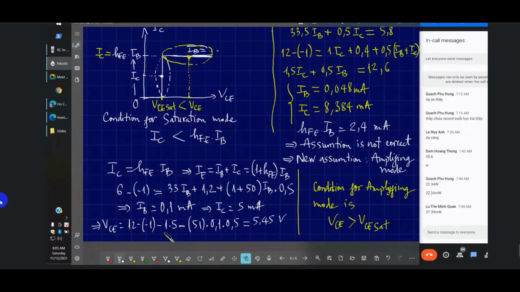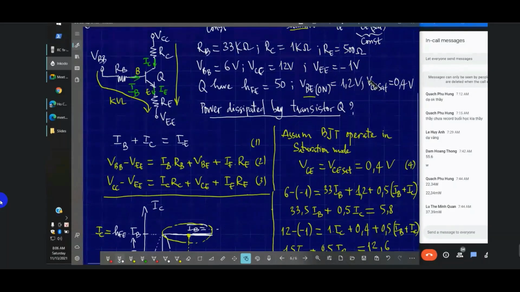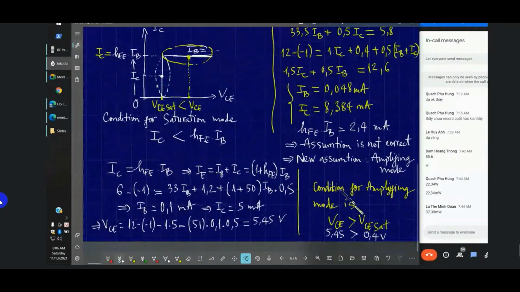Okay, and this VCE is 5.45, greater than 0.4 volt. Okay, so this is correct. So our working mode for the transistor would be amplifying mode.